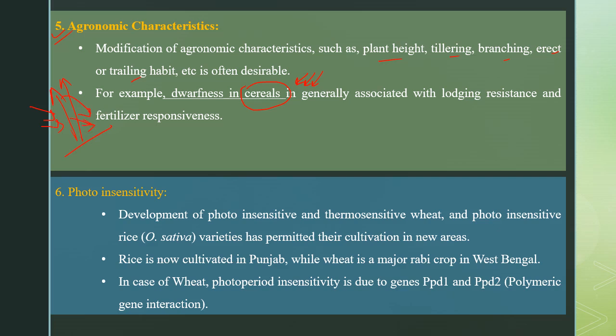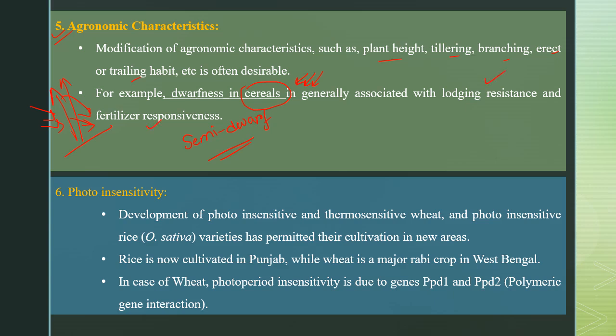After the Green Revolution, we got semi-dwarf varieties, which are very much fertilizer sensitive, and they can tolerate a high dose of fertilizer and give more yield. These make them lodging resistant as well as fertilizer responsive.